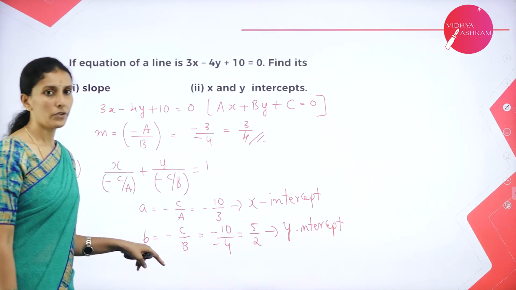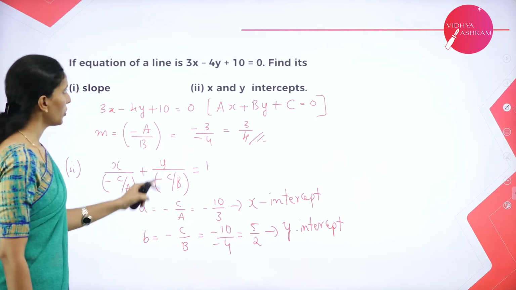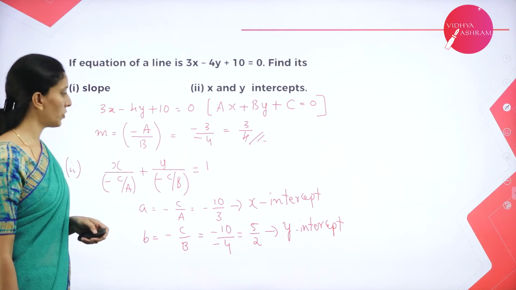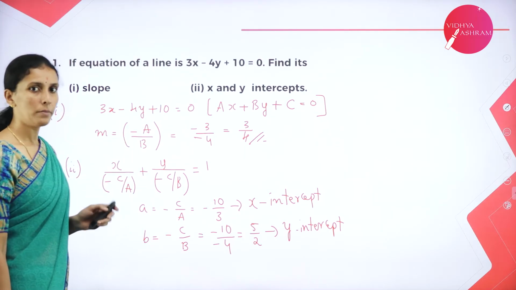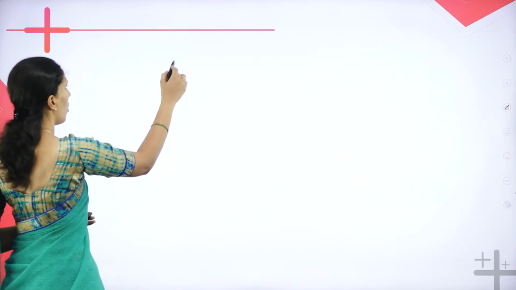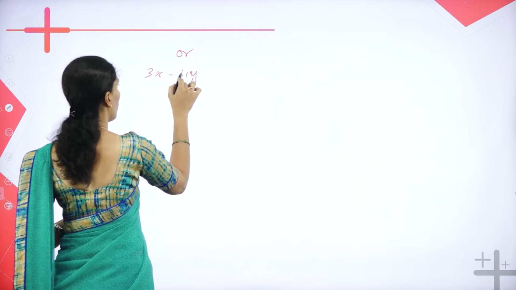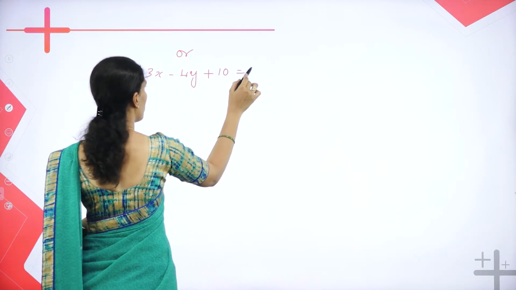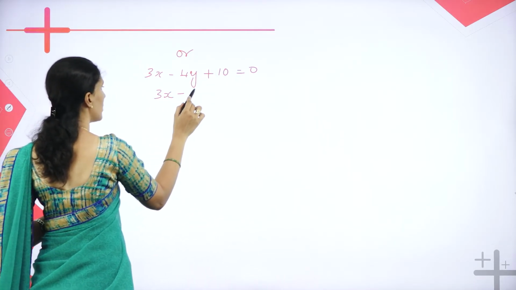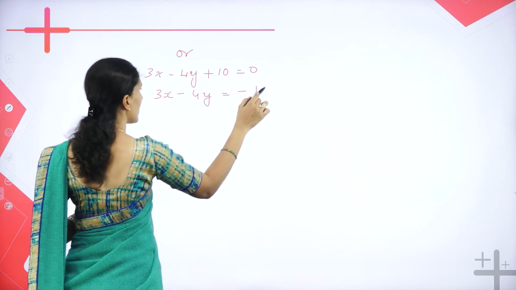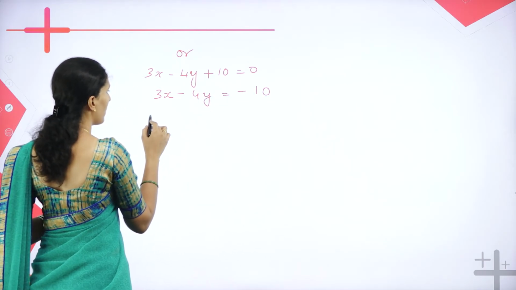So this is how you can calculate. Or you can convert this equation into intercept form, then also you can find. The given equation is 3x minus 4y plus 10 is equal to 0. Which becomes 3x minus 4y is equal to minus 10, then divided by minus 10.